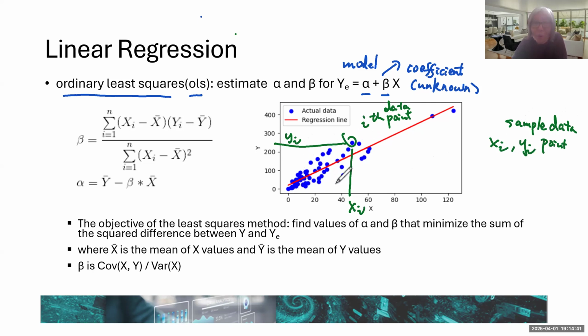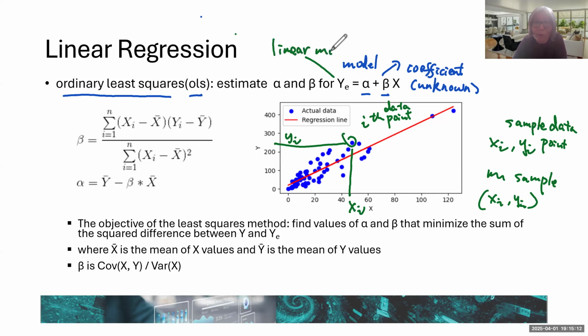Assuming in total you have m samples, each of them has an xi and yi. So you have m samples. The estimation is the linear model you try to find.